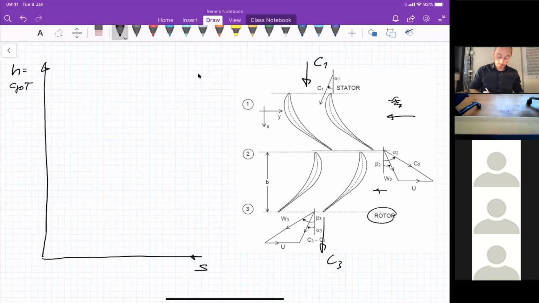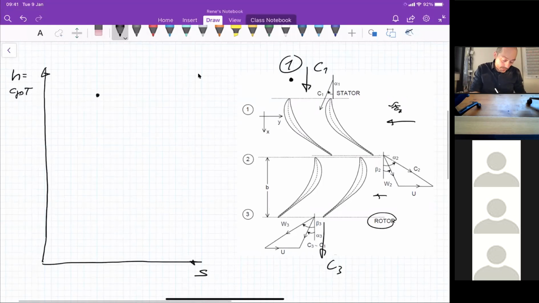Now, let's take this point here. This is point 1. So in a turbine, usually I have a high pressure at the inlet, which means that I will assume my point 1 being here. Okay. This one here, and this is point 1.